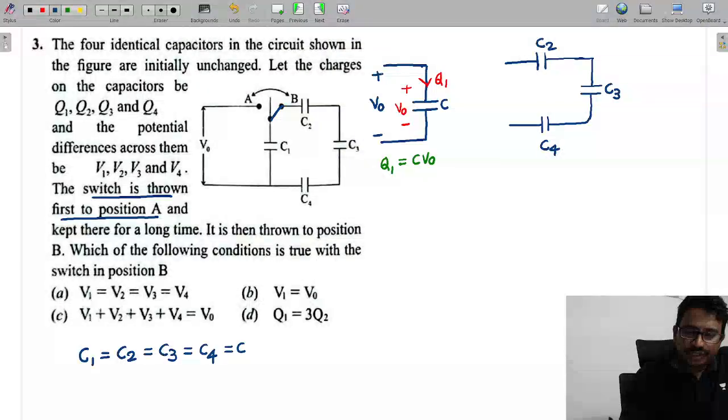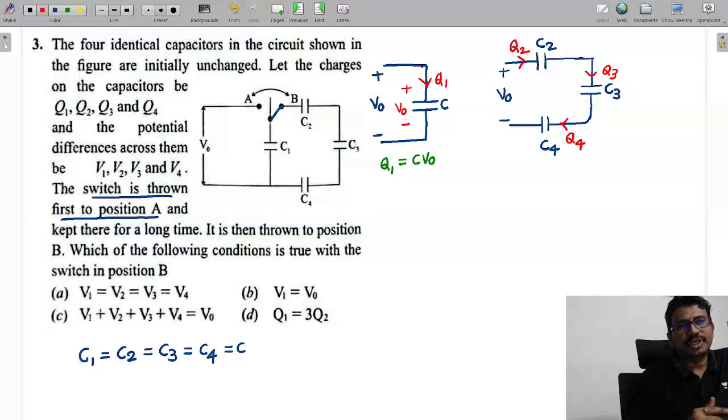Now look here. This whole combination is given a supply. This capacitor C will behave like a source for it, and the voltage given to this combination is V0. Now C2, C3, C4 are connected in series, so the same charge will flow. If I say the charges are Q2, Q3 and Q4, an equal amount of charge flows through each capacitor.